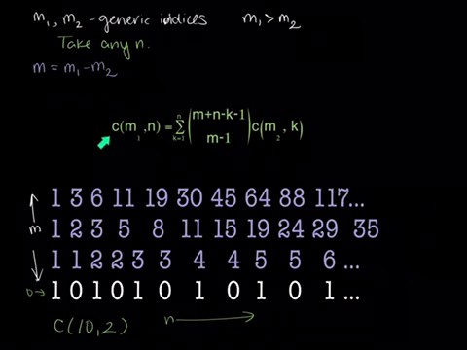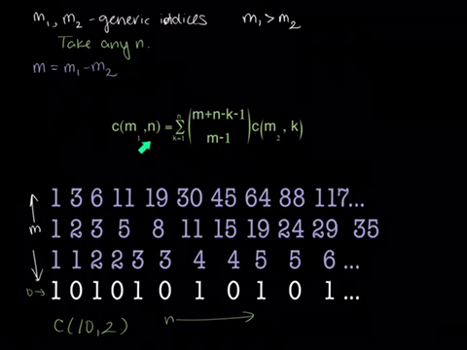So the sequence of m1, any one in there, and so any n, can be calculated from the sequence m2, which we already have, in this following way. So we simply have to add from the terms 1 through n.